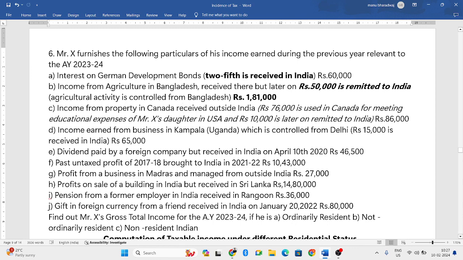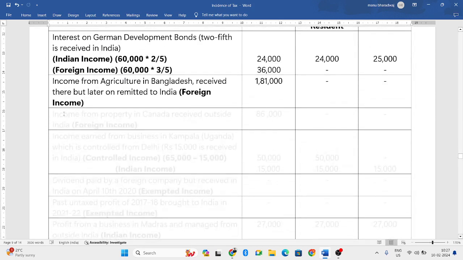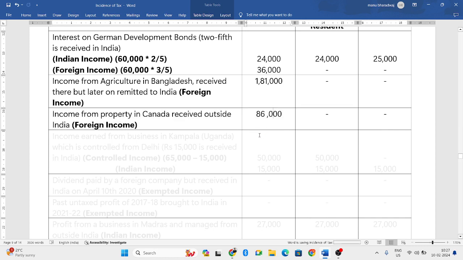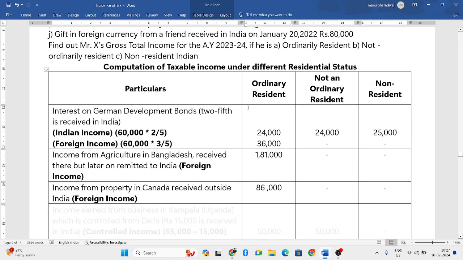When both aspects are outside India, we consider it as foreign income, and it is foreign income from other sources. So only an ordinary resident will be taxed. So this is how you need to analyze. For this, there is a chart. I've explained the chart in the part 1 video. If you have not seen the part 1 video, first see it, write down the chart and come back and watch this video.